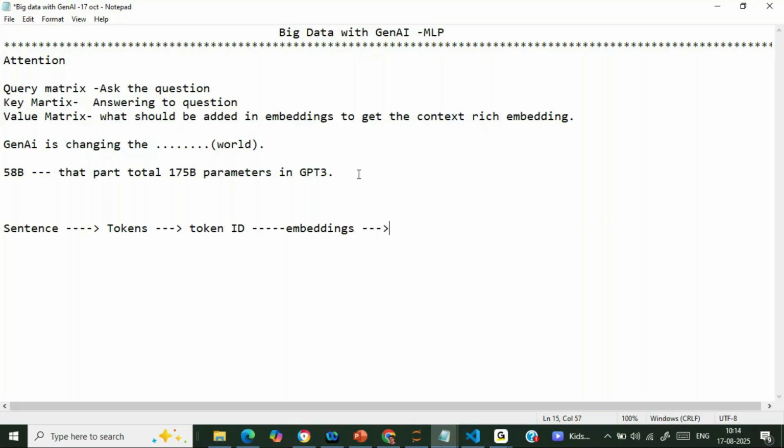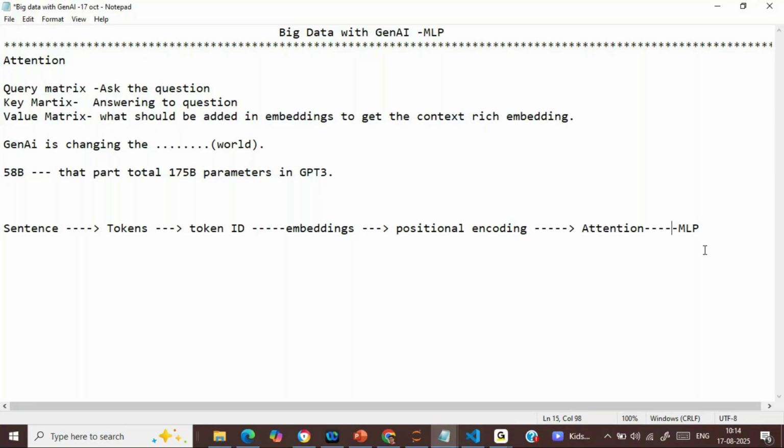Embeddings are clubbed with positional encoding. After this, we have the attention mechanism, and then we have the MLP.